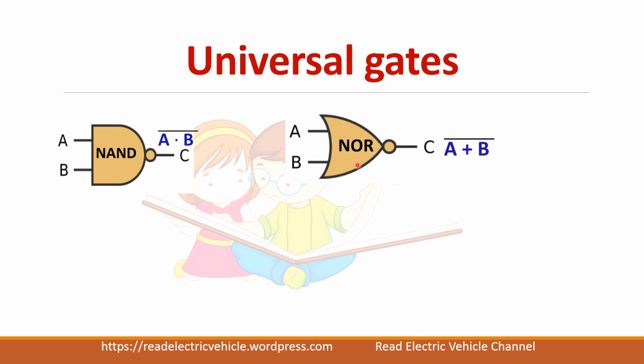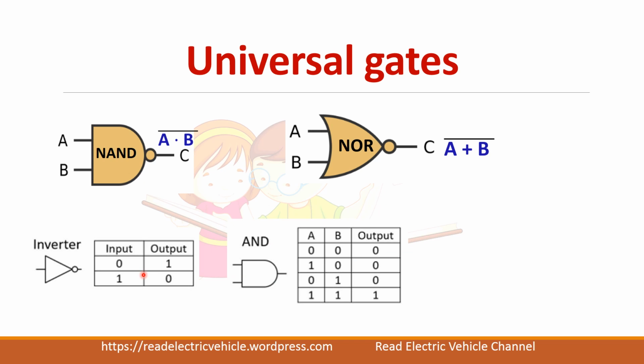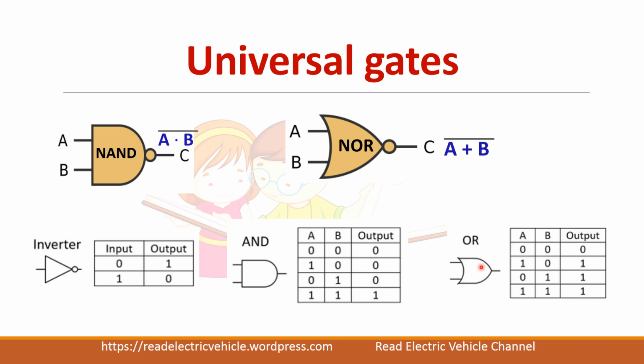If you see NOR gate, if A and B are input, the output will be A plus B the whole bar. Now in this video, using this NAND gate, we are going to build an inverter and OR gate. Similarly, using NOR gate, we will build these three gates.